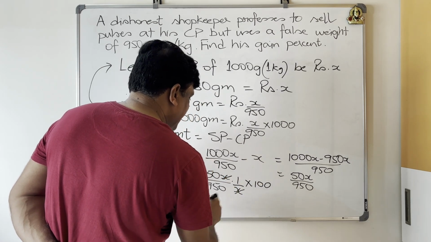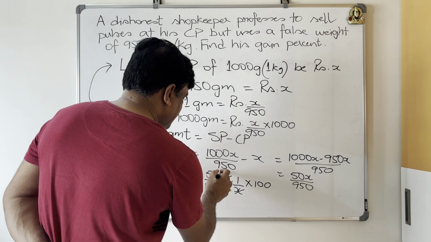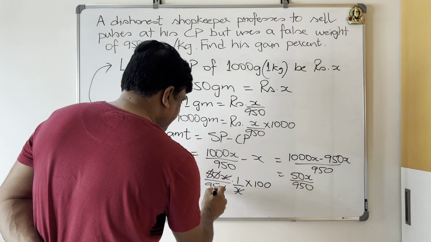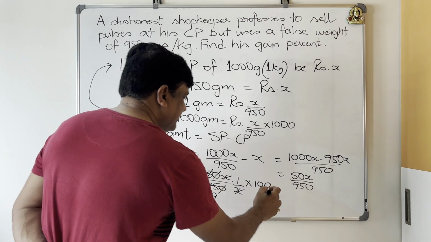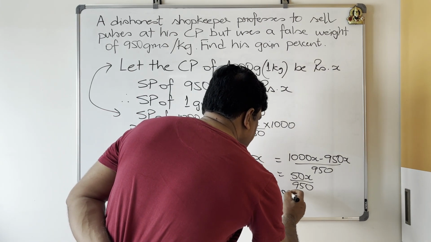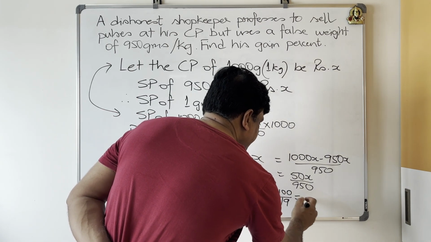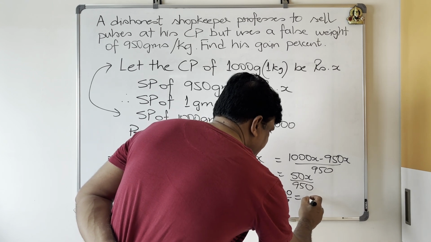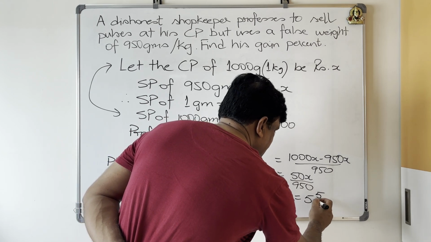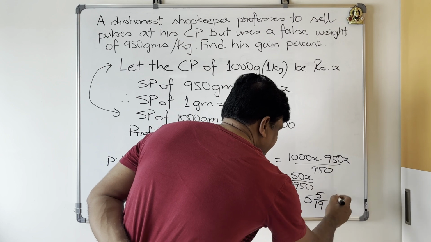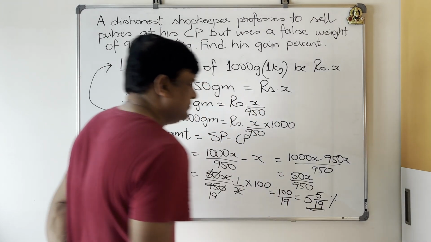Right? X gets cancelled. This 0 gets cancelled. This is 90. So it is 100 by 90. 100 by 90 is nothing but, it should be 5 by 90 percentage. So that's the profit percent.